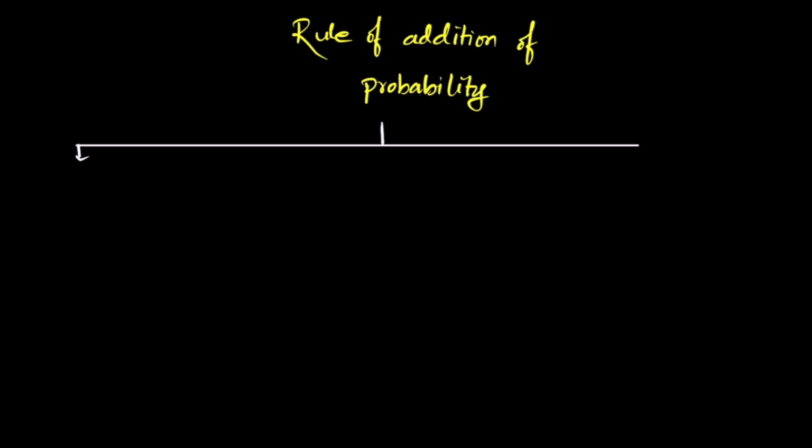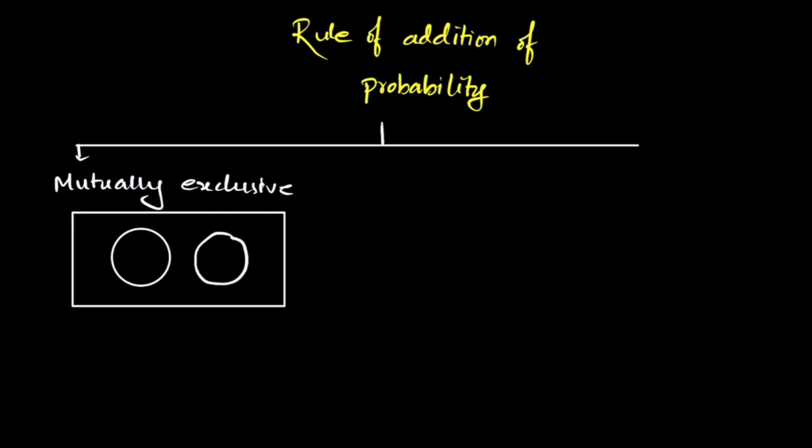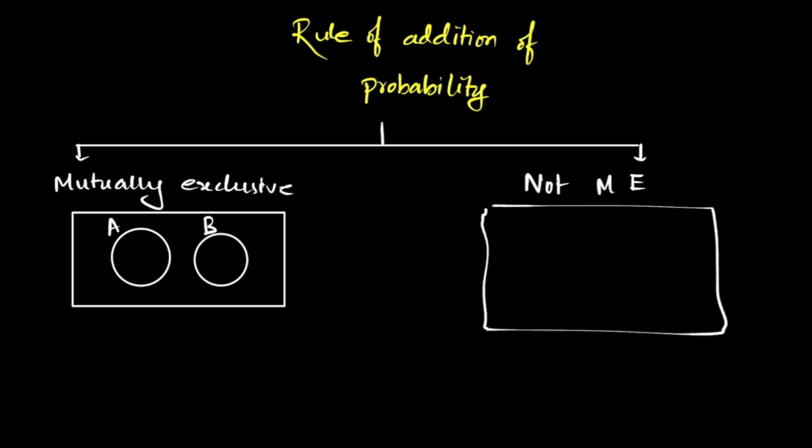One situation is where the events are mutually exclusive. That is, the 2 events don't occur at the same time. If this is event A and this is event B, they don't overlap with one another. And there are not mutually exclusive events, where you have events that can occur at the same time.